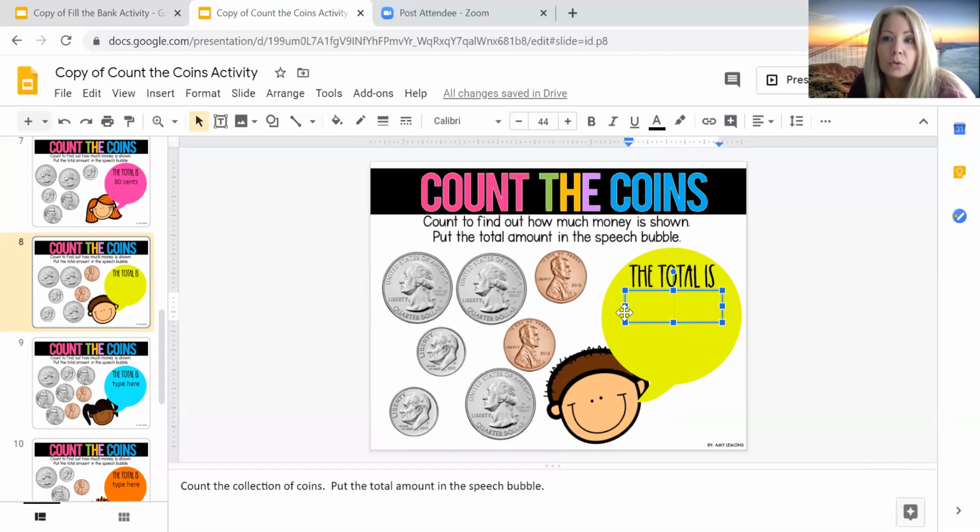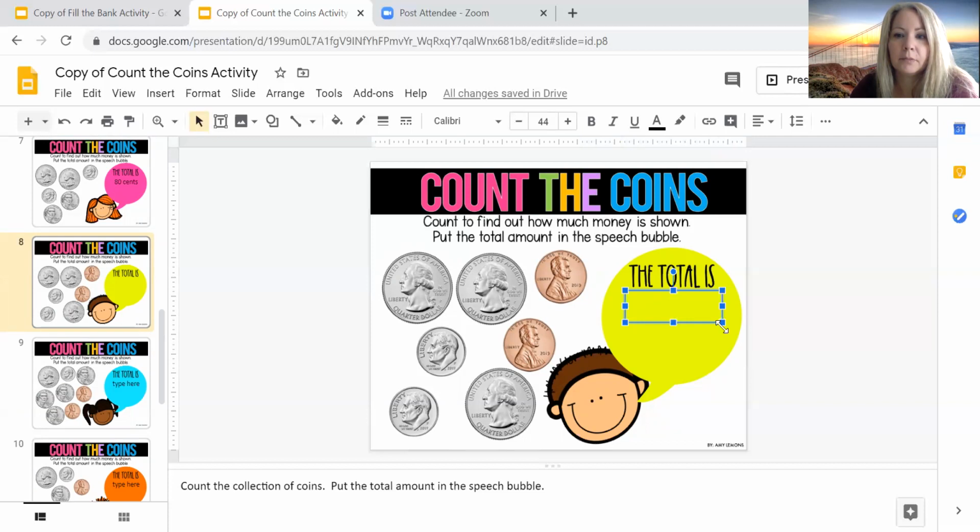Remember to count coins that have the greatest value first, and then work your way up from there.